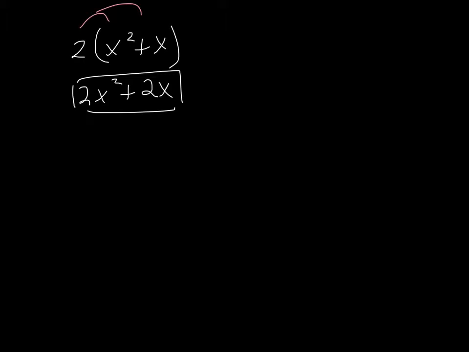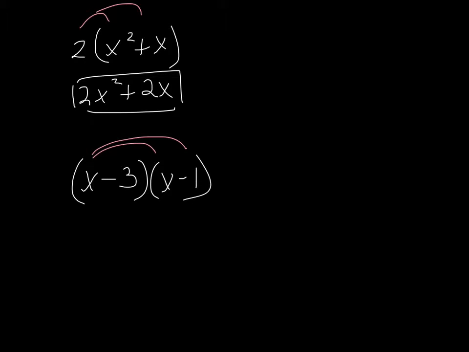But I could have x minus 3, x minus 1. And if I'm going to distribute here, remember you need to take this x and times against everything in the second parenthesis, so I get x squared minus 1x.